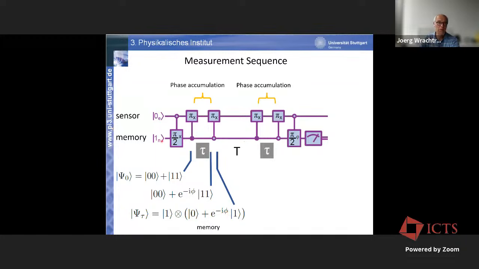Nuclear spins do have minute relaxation time, even under ambient conditions. So we can store that for a very long time, capital T. And then what we do is we essentially, once again, do this entanglement-disentanglement sequence.